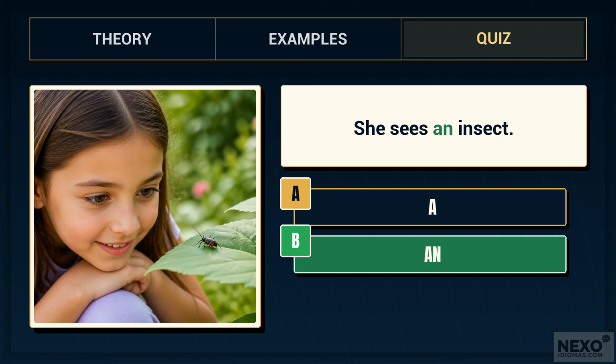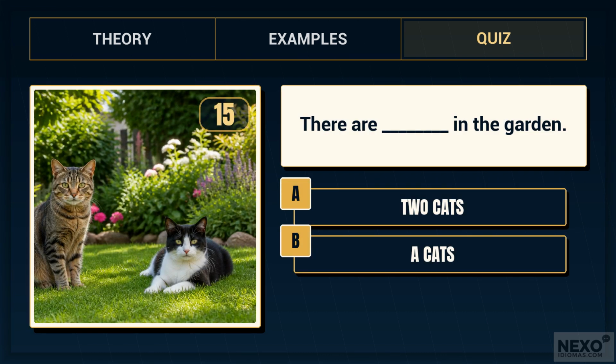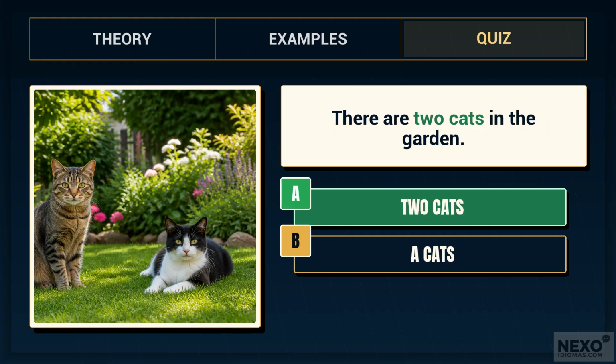An. She sees an insect. Choose an option. 2 cats. There are 2 cats in the garden.